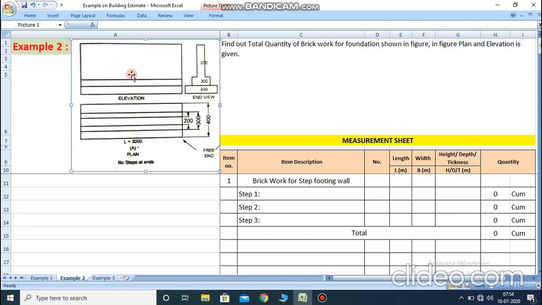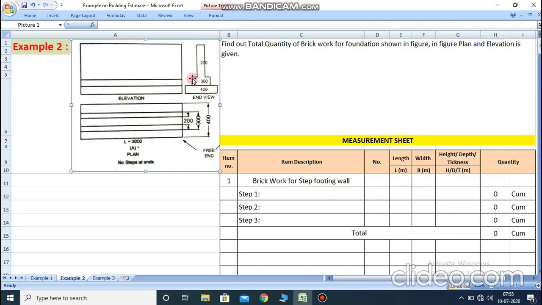And from the elevation part, the height dimension is not given, but we take a standard height of 3 meter as the height of the wall.